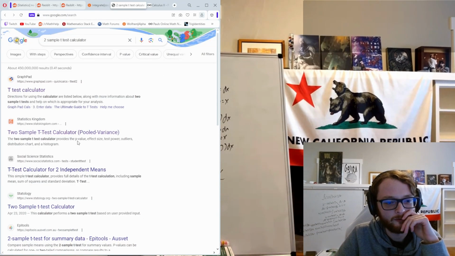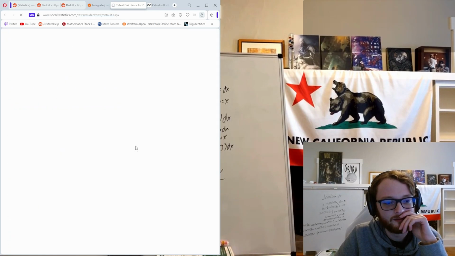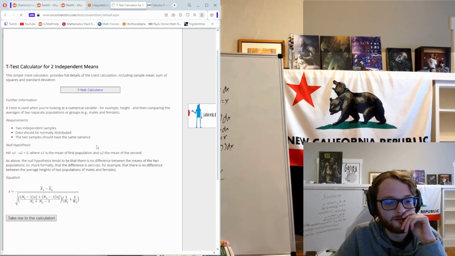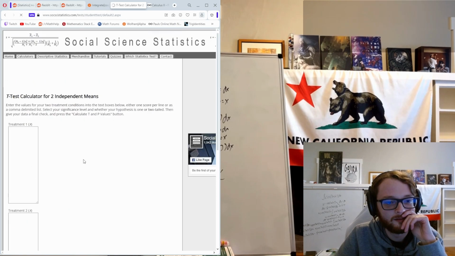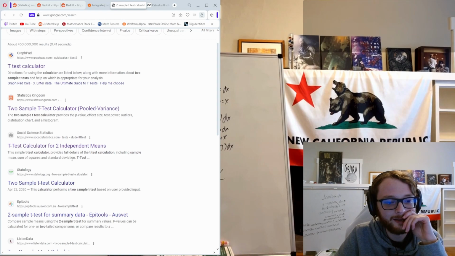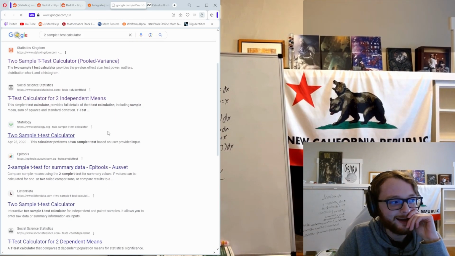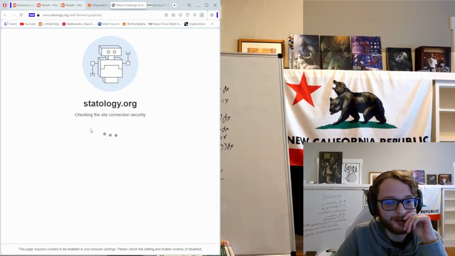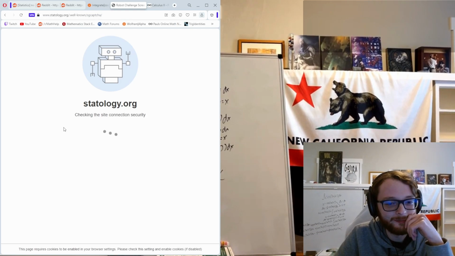I have no idea what half that stuff means. Oh, they want raw data. Why can't there just be a normal one? I need like a virtual calculator. I don't know why a website can't just do the same exact thing.